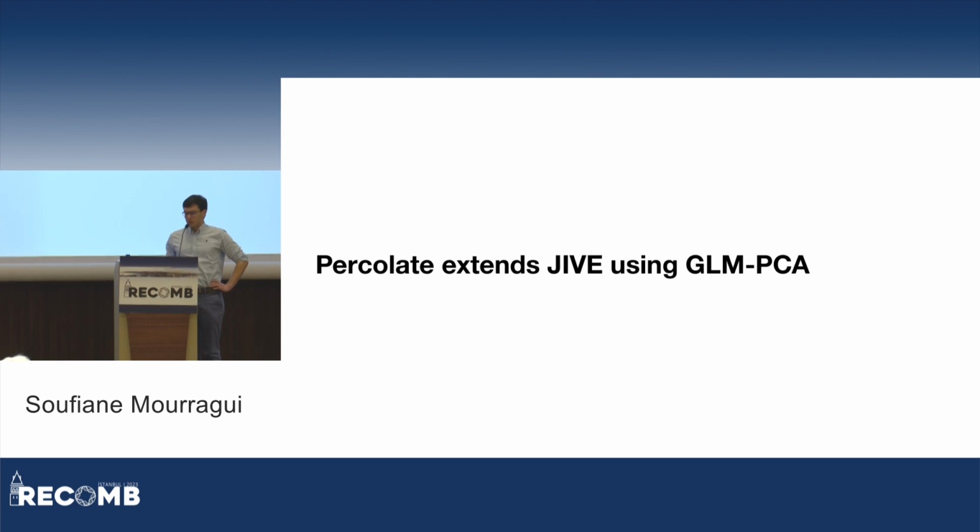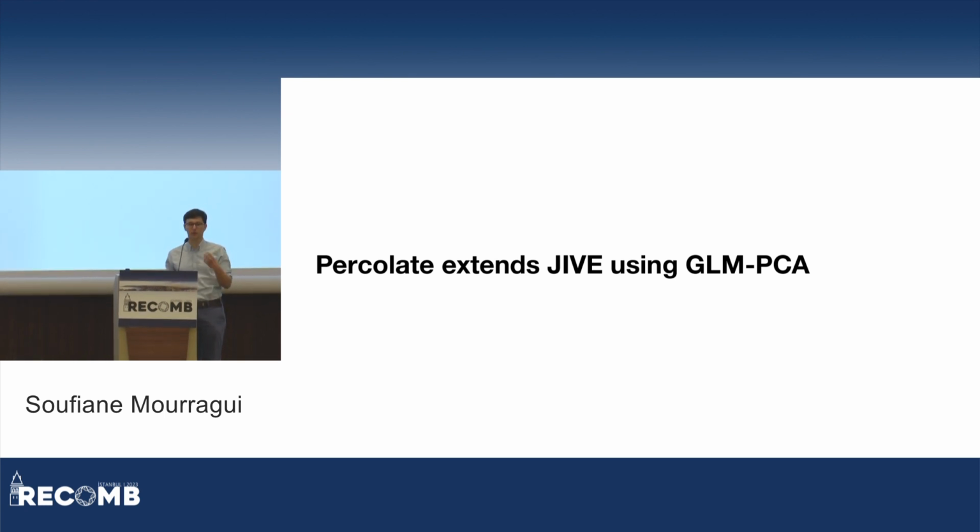But the problem with this JIVE model, or AJIVE is the extension we use here, is that it's based on a Gaussian assumption. So basically, it uses PCA, or principal component analysis, and there are 3 different ways of looking at PCA. So the first one that is very frequently used is that PCA is a linear projector of maximal variance.